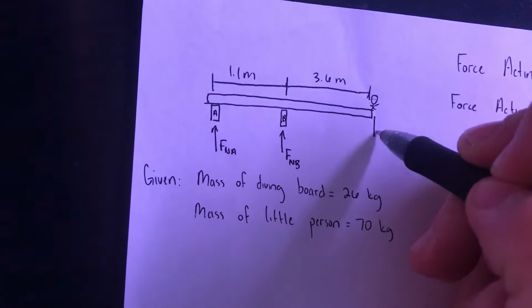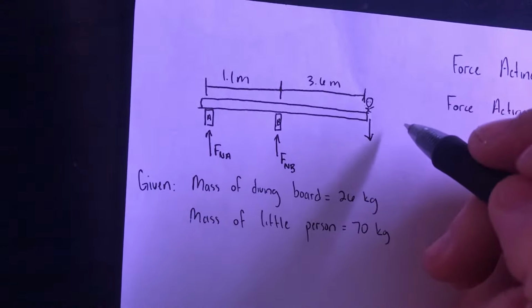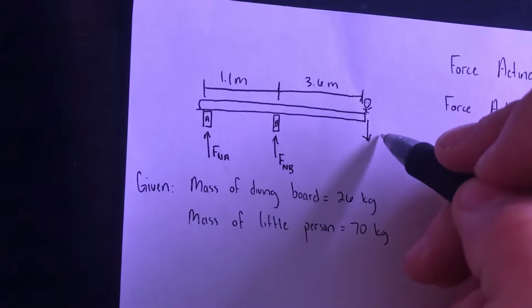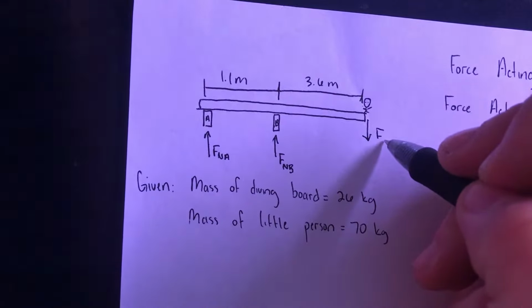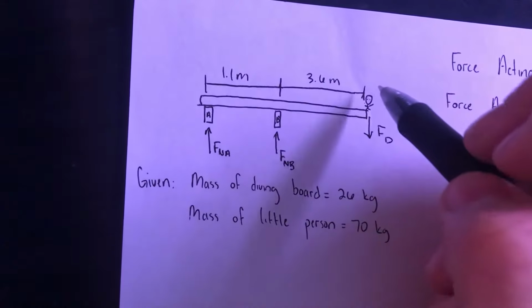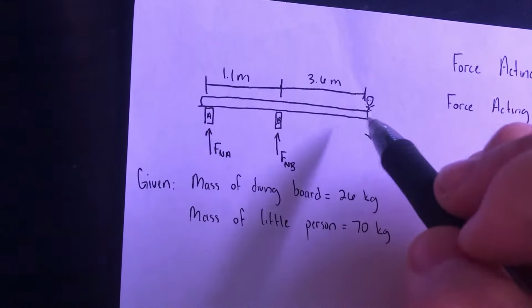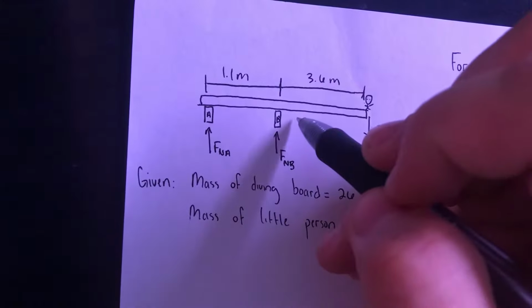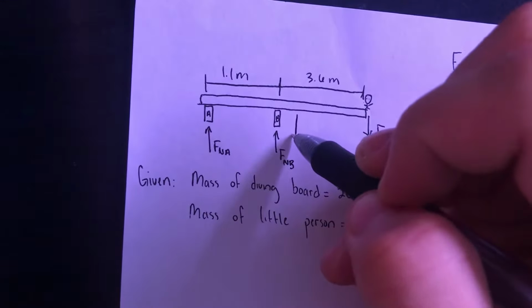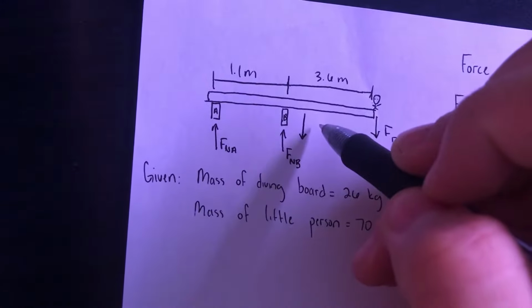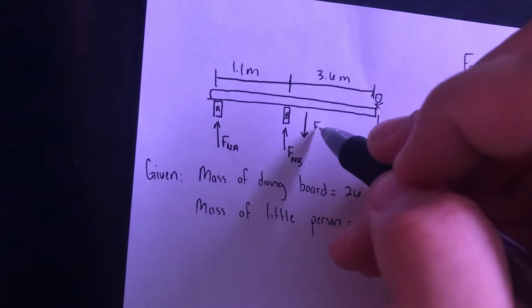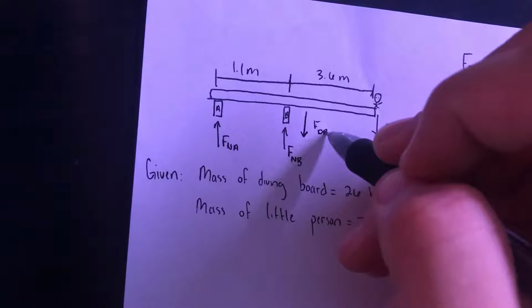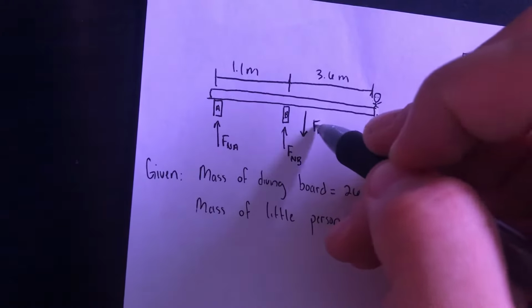You'll have your force coming down at the very end, and that will be the force of the diver. And then you're going to have another force going down, and that is of the diving board. Force of diving board.